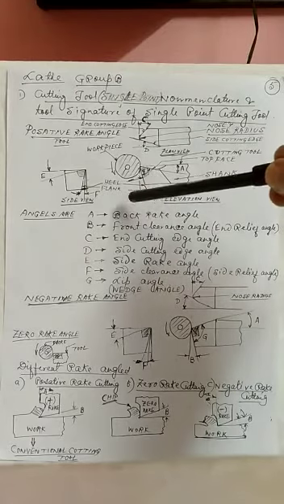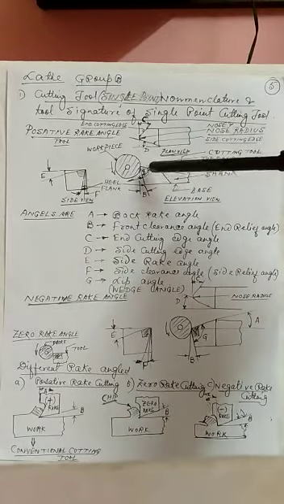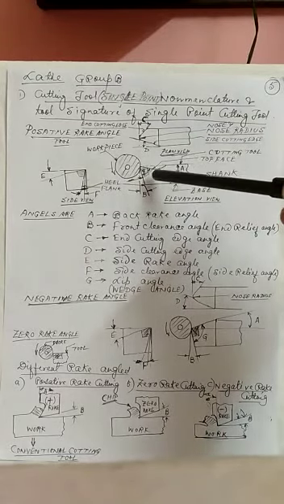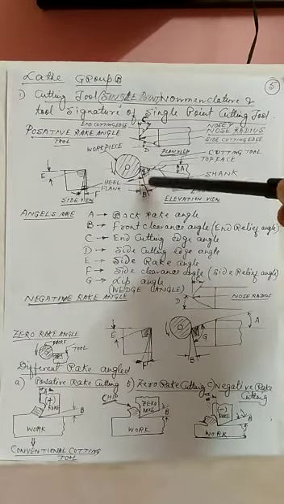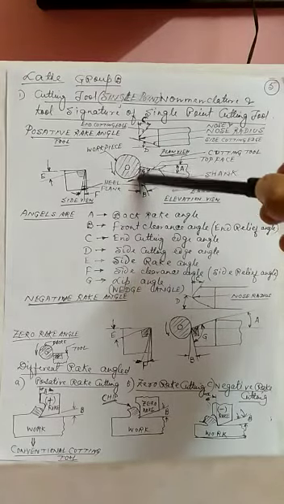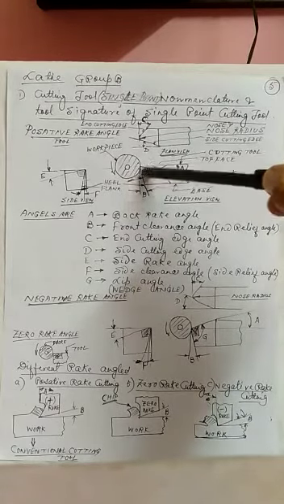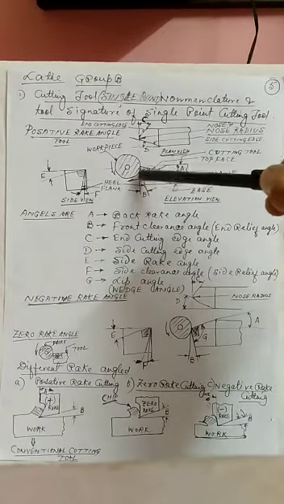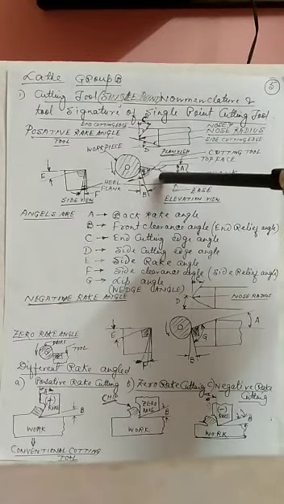First of all, in the elevation there are three angles I have shown here. If we consider a square block, the 90 degree, within this 90 degree there are three angles.